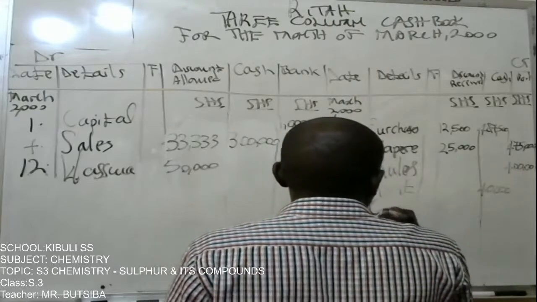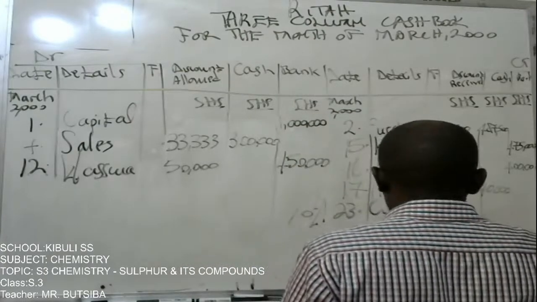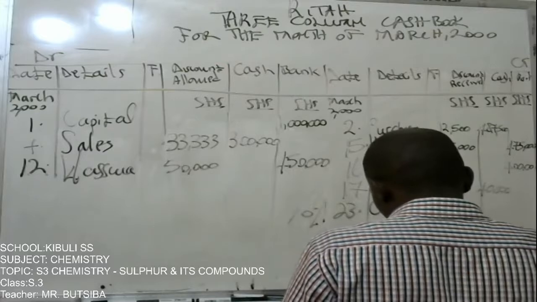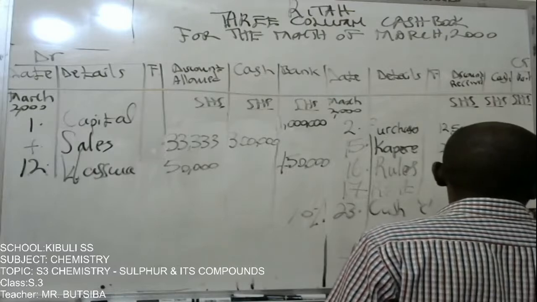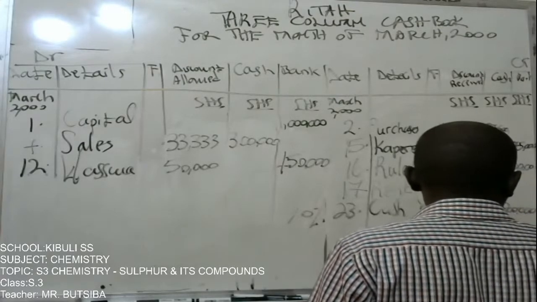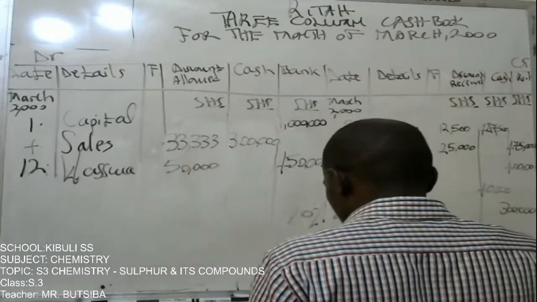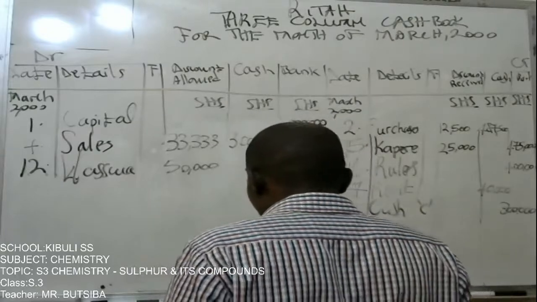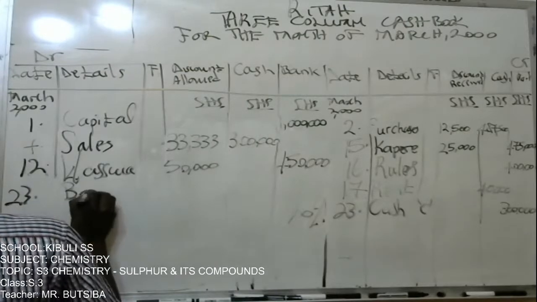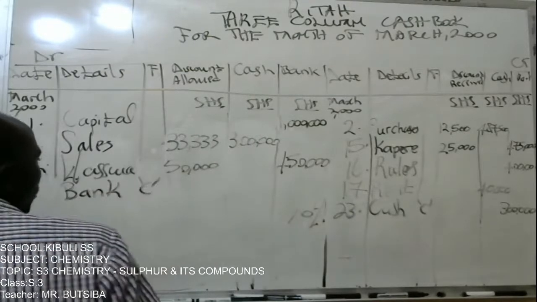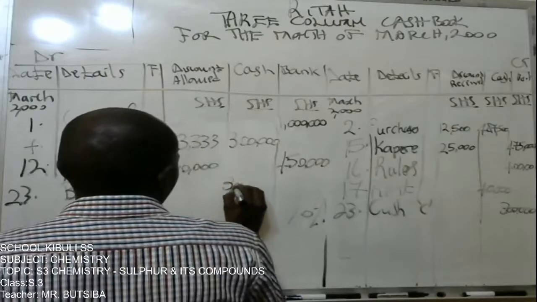In the details, cash, and then you record in the bank column 300,000, because bank lost money, you withdrew. Then on the same date, 23rd, cash gained from bank, write C, the sign to indicate a contra entry. So you record 300,000.